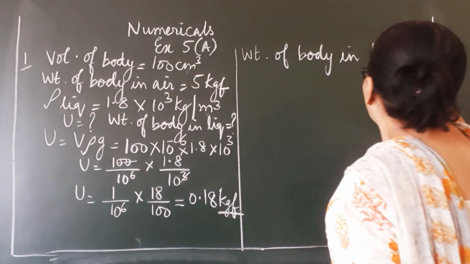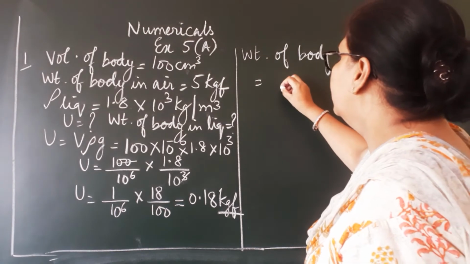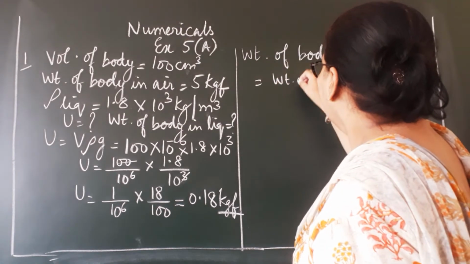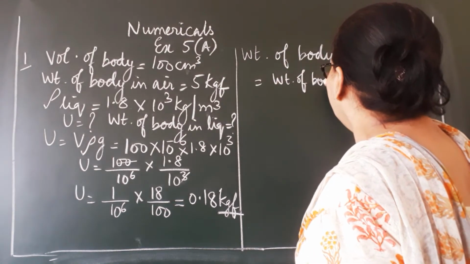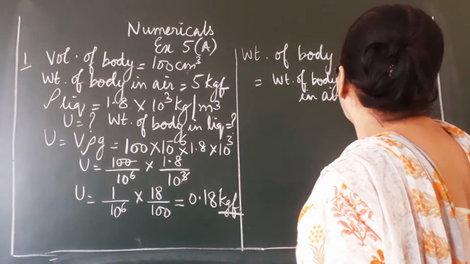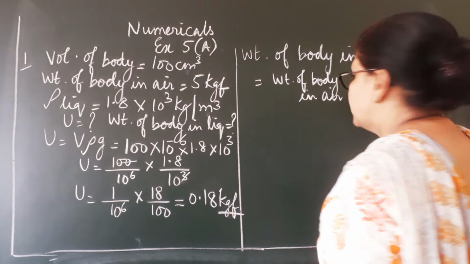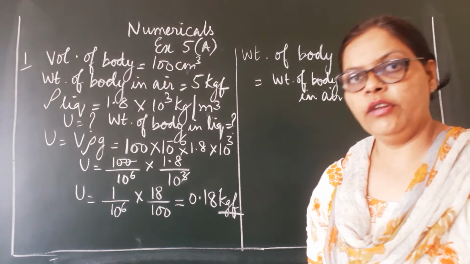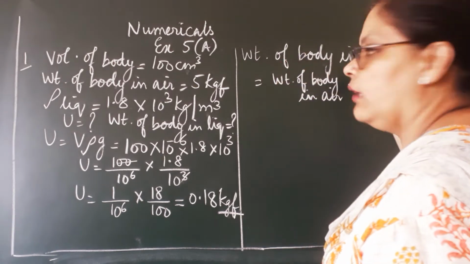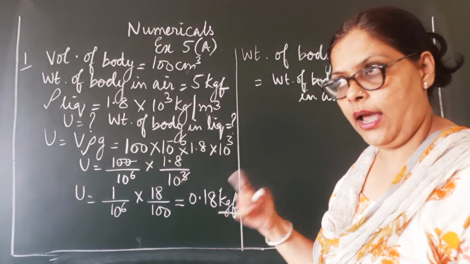Here we are going to apply the logic. What is the logic? The logic is the weight of body in air minus the upthrust. Okay, minus upthrust, because I take this on the basis of Archimedes principle. We know that the weight of the body in the liquid undergoes an apparent loss in weight.